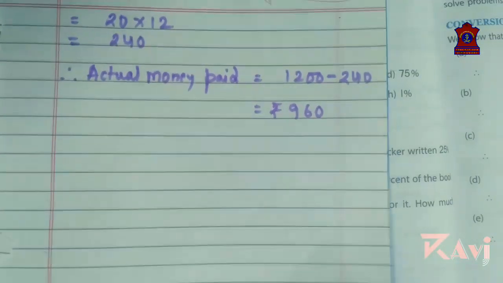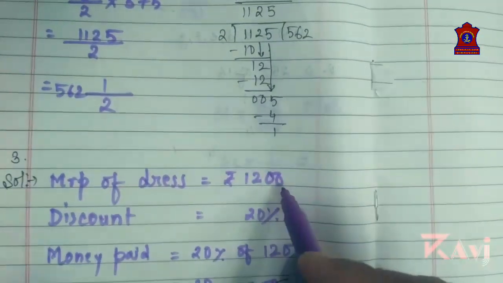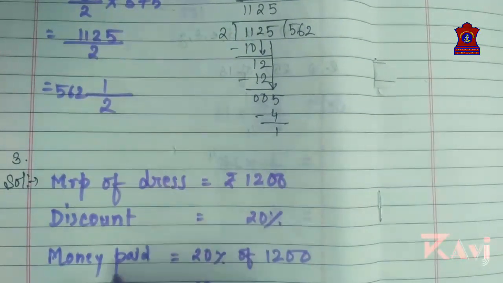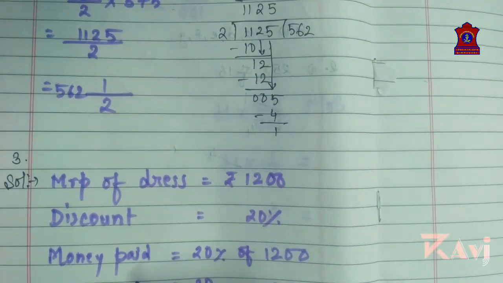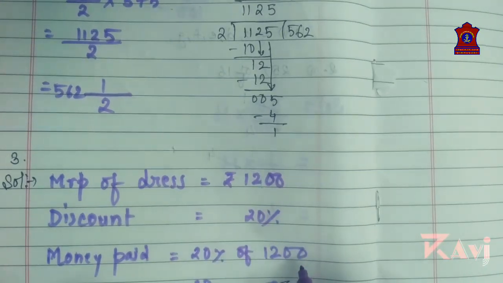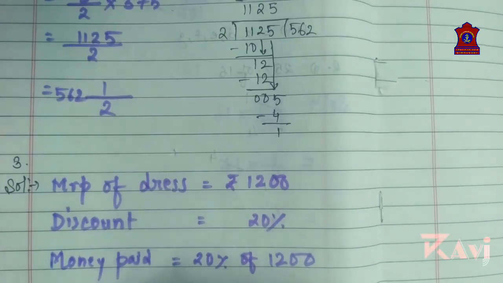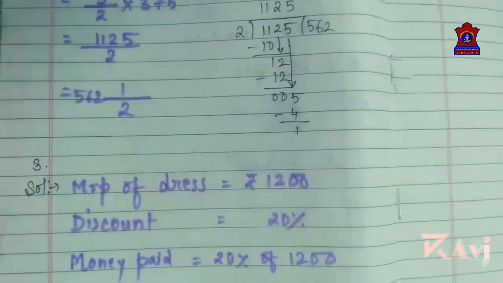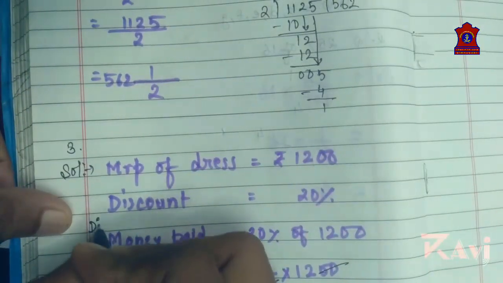Okay, see here, once again I am explaining. MRP of dress 1200, discount 20%. We can write here discount money.